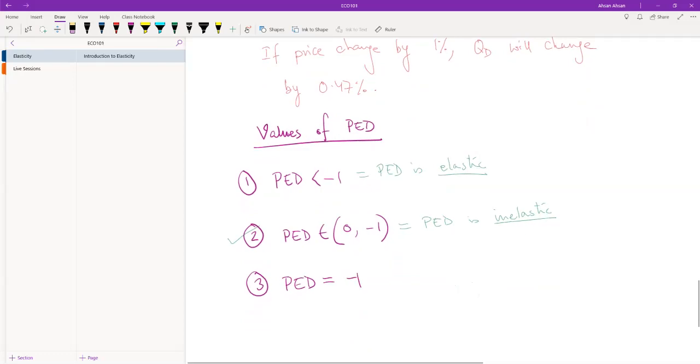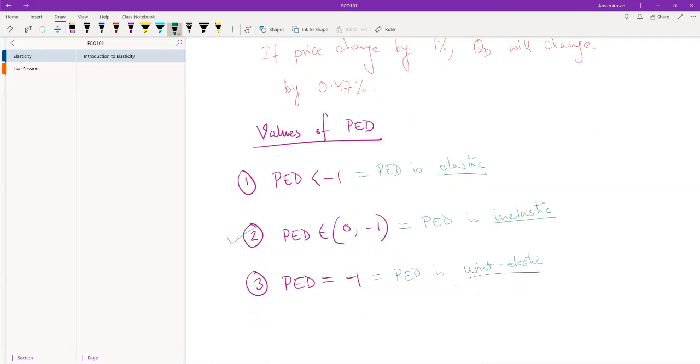Okay. And finally, we come to where PED is -1. What that means is that basically a 1% change in price leads to a 1% change in quantity demanded. So we say that PED is unit elastic.